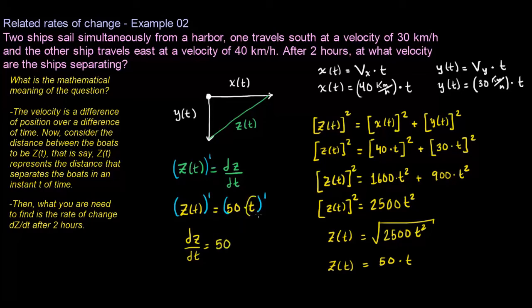We do not have to add any d something over d something because this is a function of time and we have here a t as a variable. So this is the dc over dt that we were looking for.